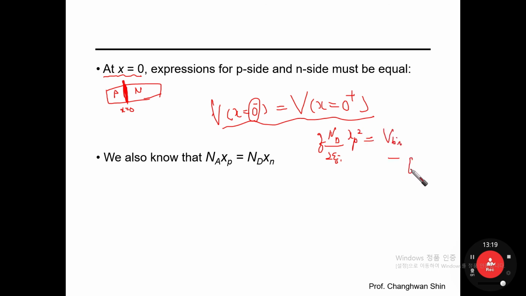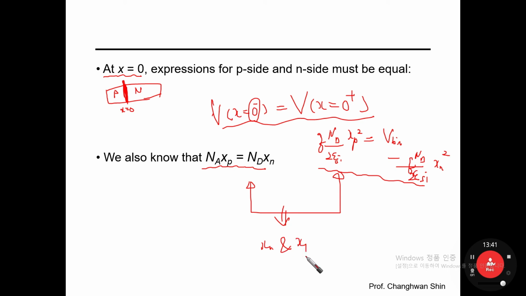Minus q Nd over 2 epsilon silicon. Yes, okay. So using this equation as well as this condition that we have just derived, you can solve for xn and xp.